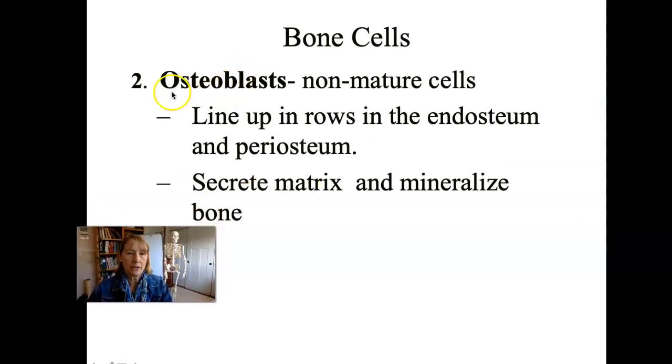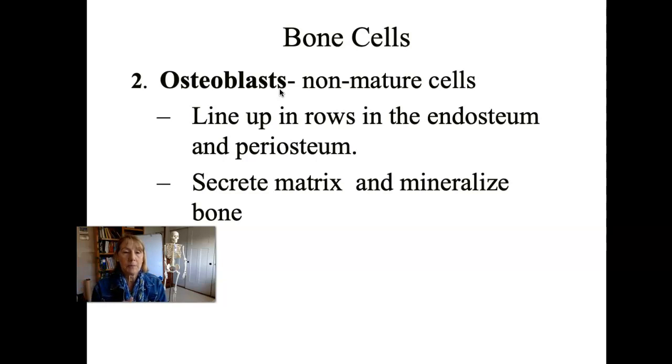As I said, an osteoblast is young, so it's a non-mature cell. And where are these going to be? Well, these are going to be lined up in the endosteum, lining the inside of a bone, and in the periosteum on the outside of bone. Why? Because we're remodeling all the time. We're adding new bone on.